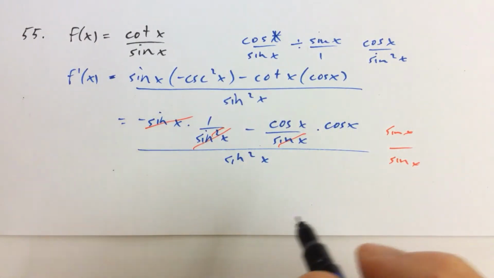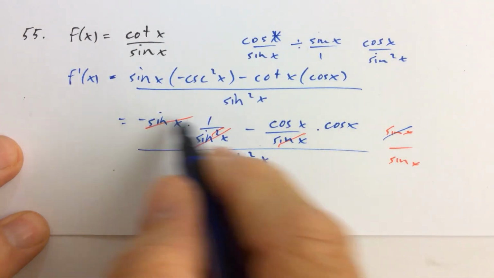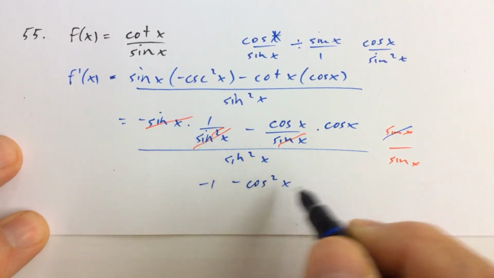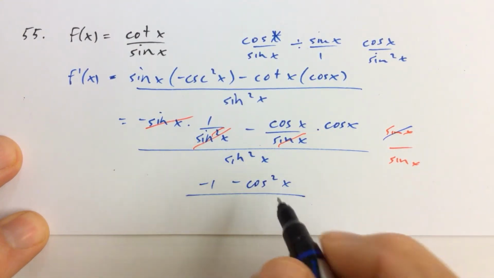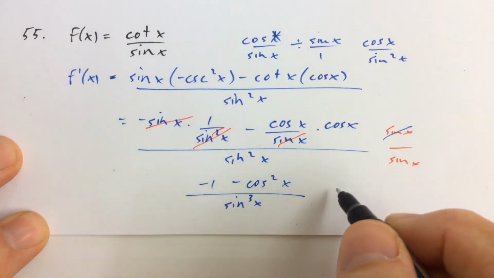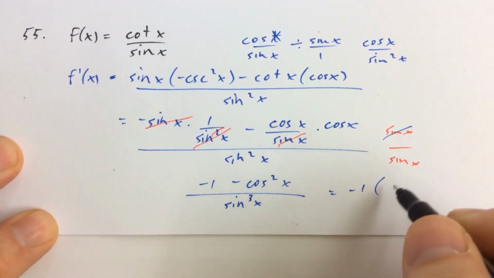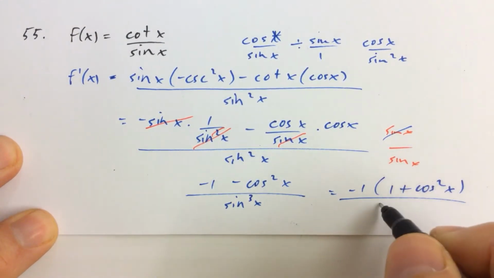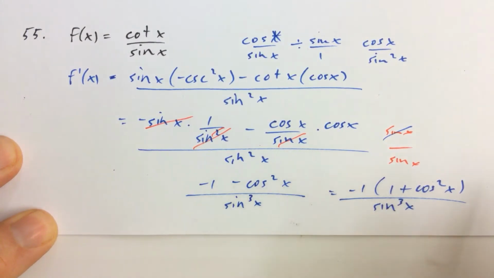So we're going to get negative 1 minus cosine squared of x all over sine cubed of x. So if we factor out a negative 1 from the numerator, we get 1 plus cosine squared of x all over sine cubed of x.